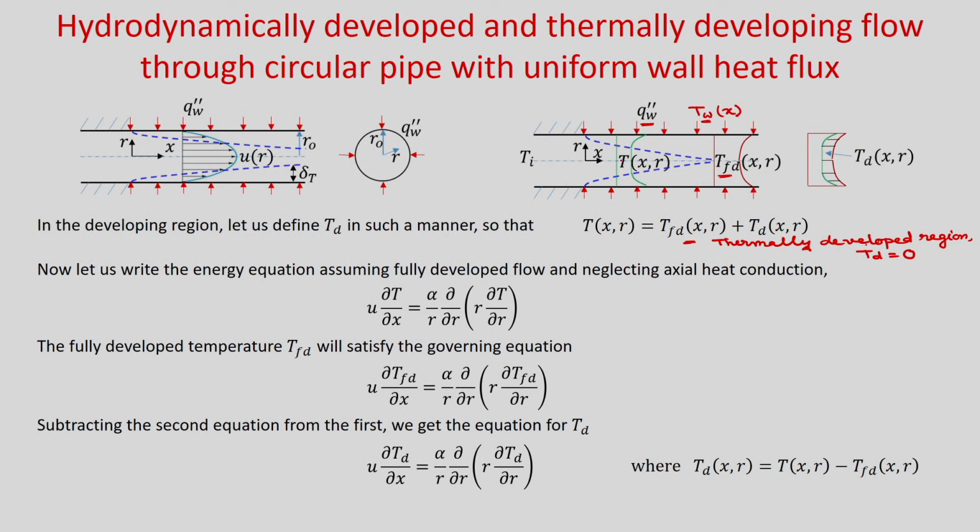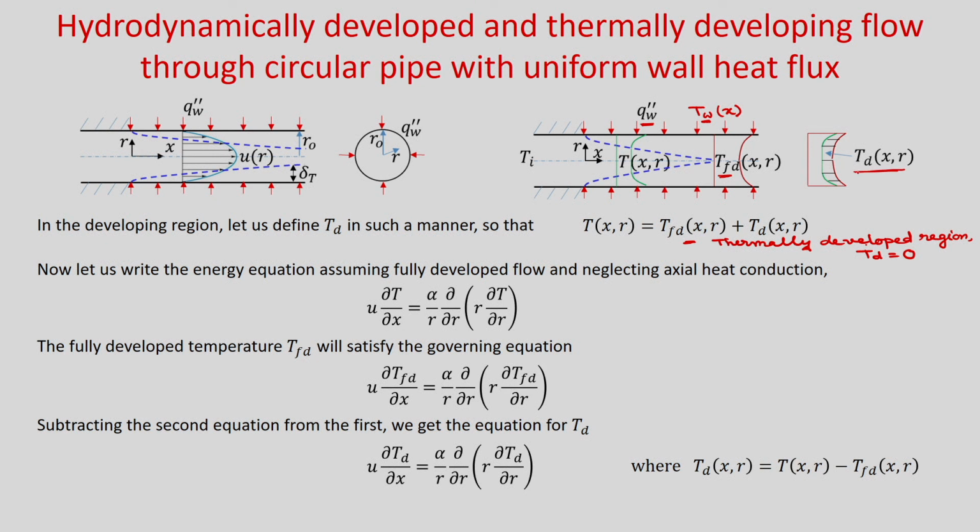So, obviously in the fully developed region your Tw will be higher than the Tw in the developing region. So, we have represented this green color temperature profile in the developing region, and the red color temperature profile in the fully developed region. The difference we are representing with Td.